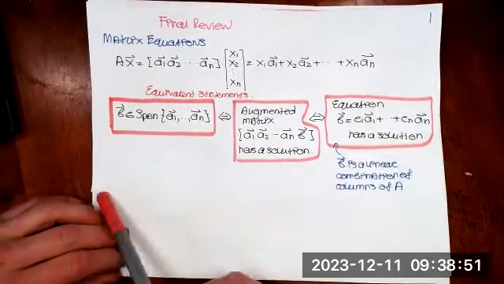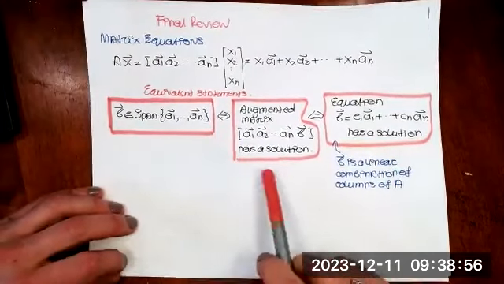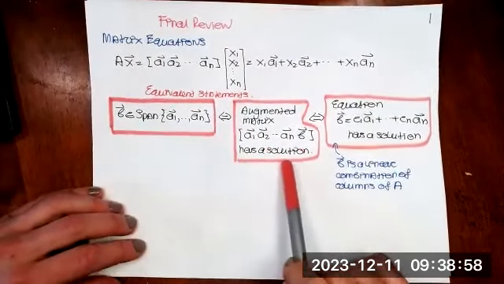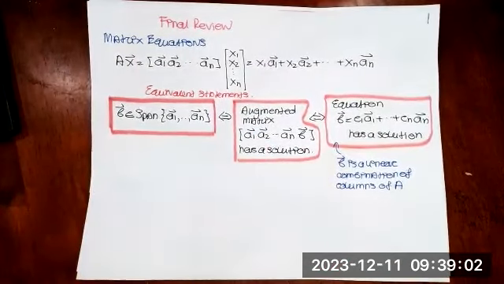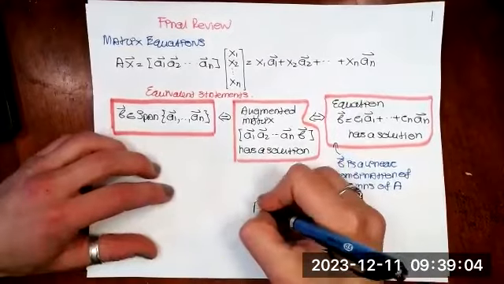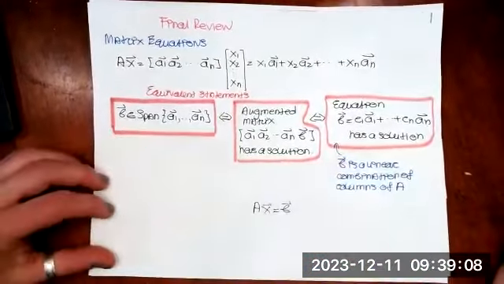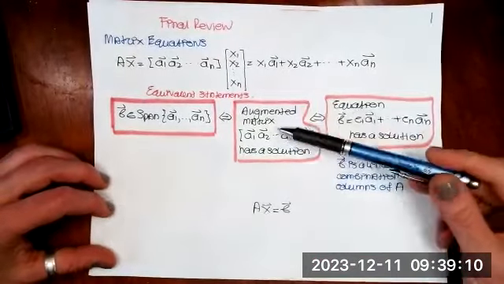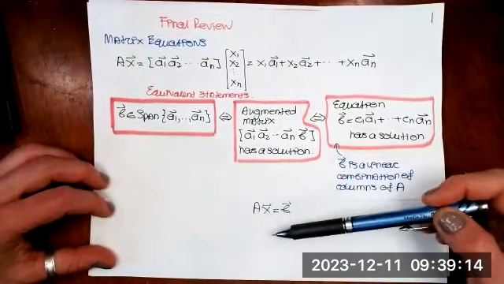The first one was the equivalence when we're solving augmented matrices. If I wanted to solve a system like Ax equals b, I can look at this as putting the rows of A in the augmented matrix with b and looking for a solution x.